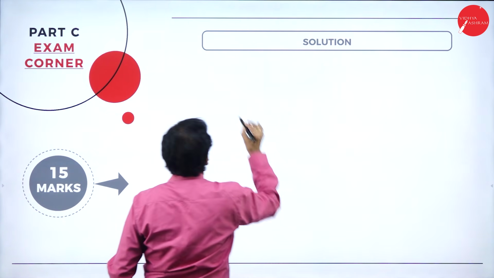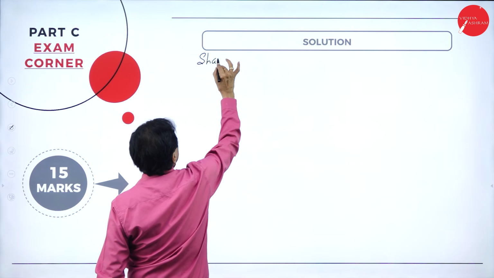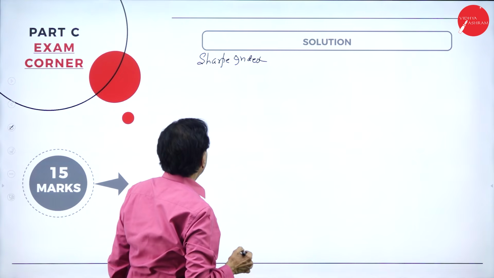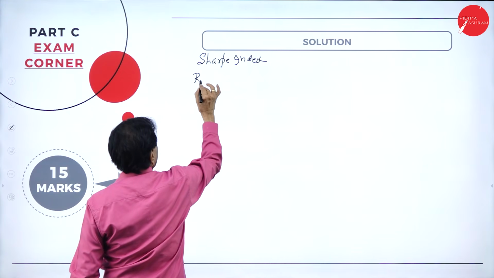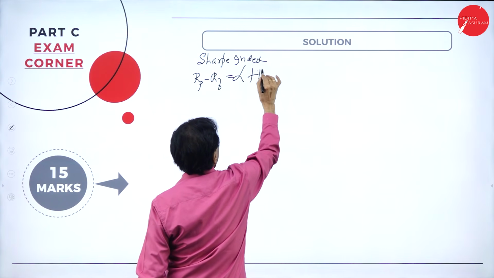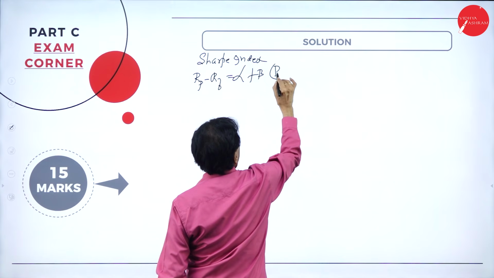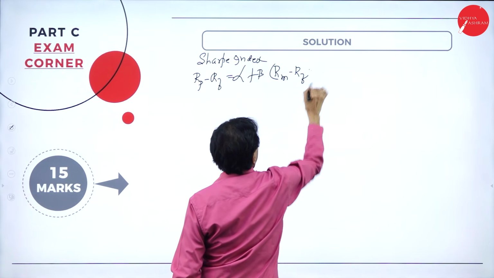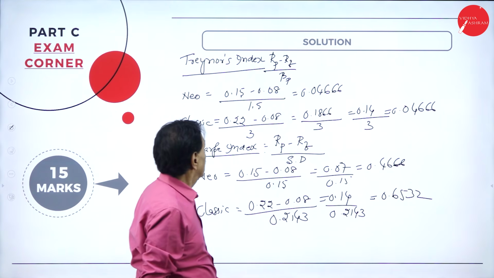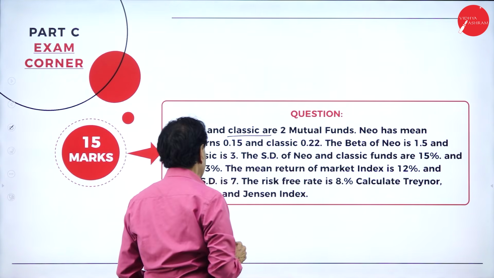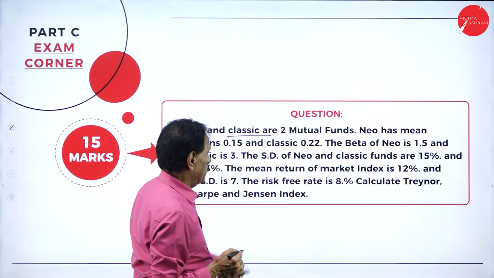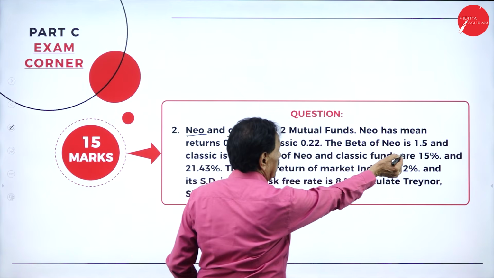Now, Jensen index. RP minus RF is equal to alpha plus beta into RM minus RF. Come back here: Neo, Classic. RP, the returns are 0.15. The beta of Neo is 1.5.